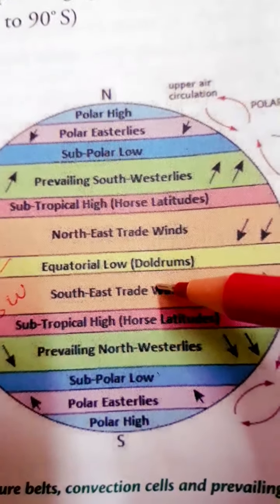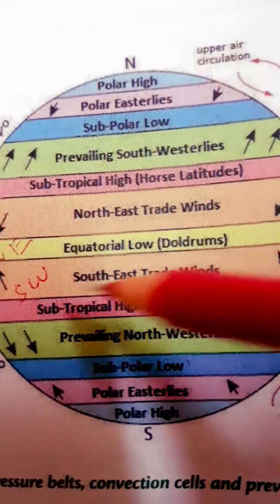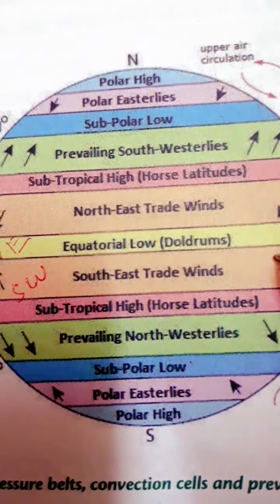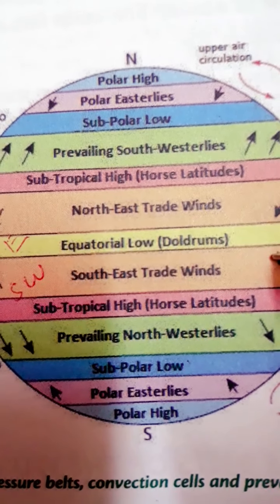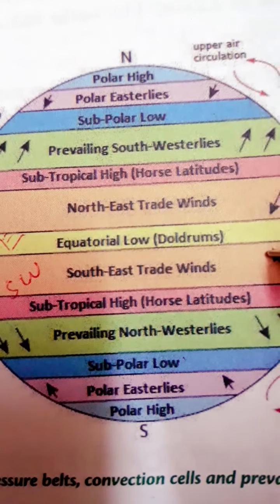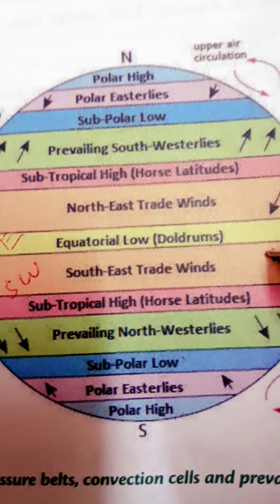But in the southern hemisphere, the same winds are known as southeast trade winds. The trade winds blow constantly and always in the same direction.